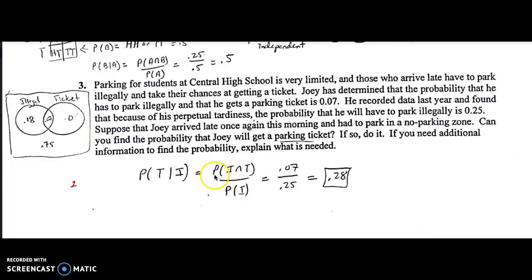That's defined as the probability of parking illegally and getting a ticket, which we know is 0.07, divided by the probability of parking illegally, which is 0.25, which they gave you. You divide those, you get 0.28. So that's the probability that Joey is going to get a parking ticket. And again, this question was worth 2 points.